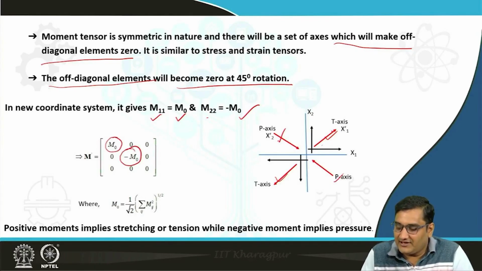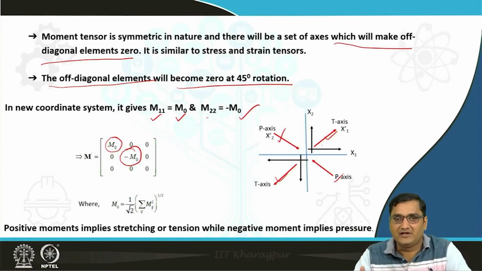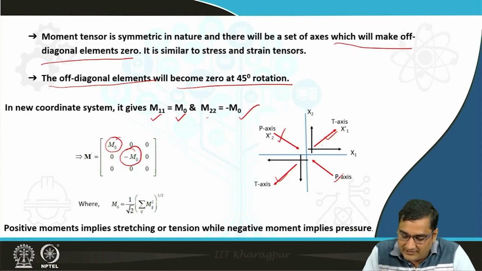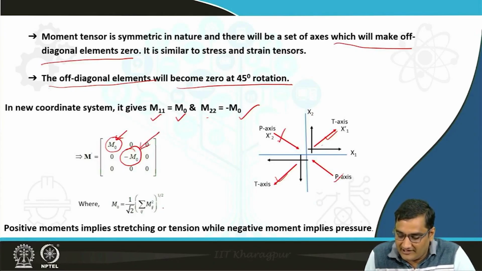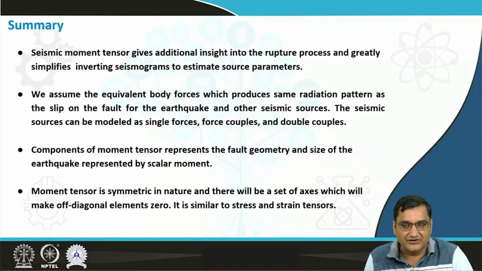For the tension axis, or for the stretching, the moment will be positive. So this is for the tension. And for the pressure axis, the moment will be negative. So this is for the negative, or you can say the pressure. The M0 can be written as this, that is 1 by 2 summation ij Mij squared, to the power 1 by 2. The positive moment implies stretching or tension, while negative moment implies pressure.